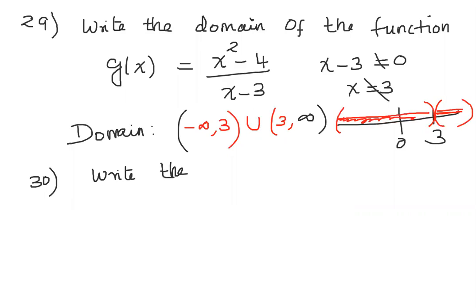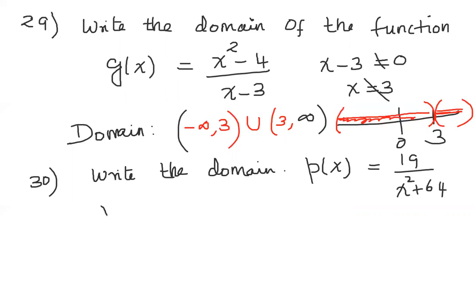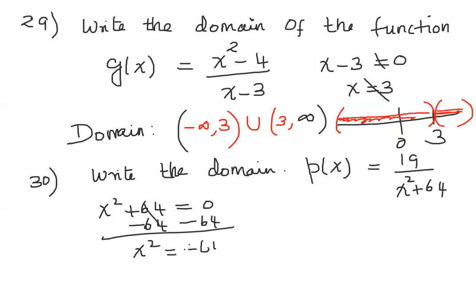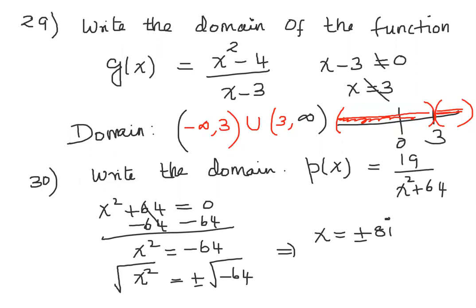For the function p of x equals 19 over x squared plus 64, when you set the denominator equal to 0 and subtract 64 to find the domain, we get imaginary numbers. So x equals plus or minus 8i, which is an imaginary number.